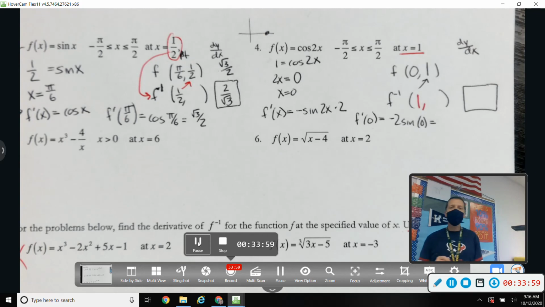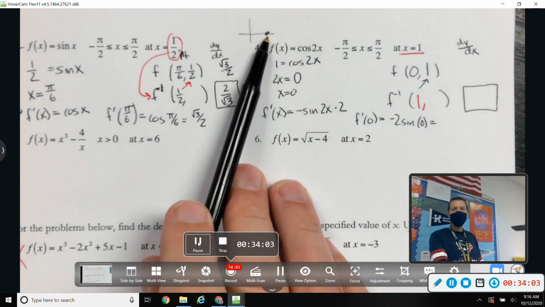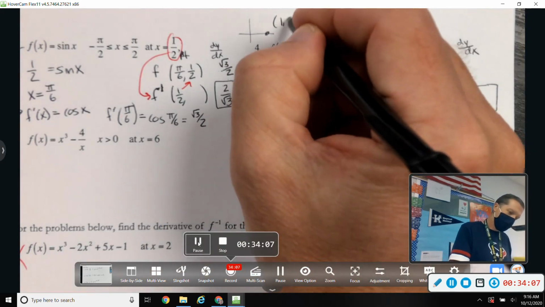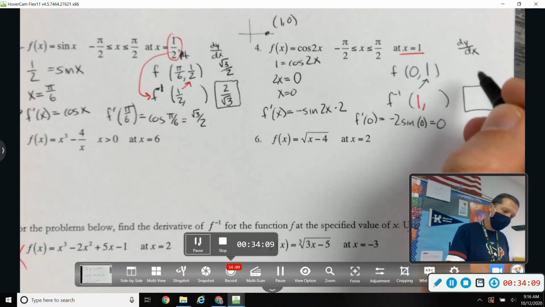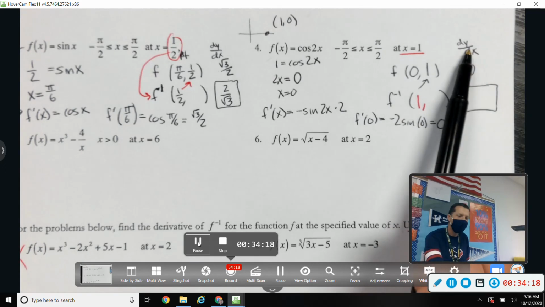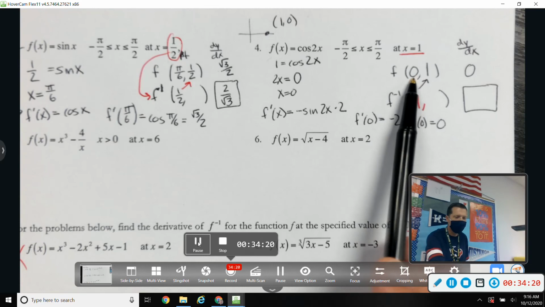What's the sine of 0? Right, there's the angle 0. So that's 0. And here's why I wanted to do this one. So the derivative of the function at 0 is 0.